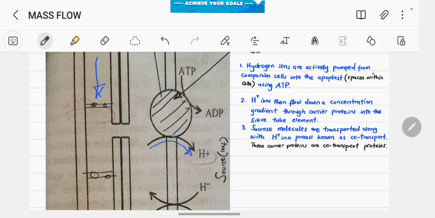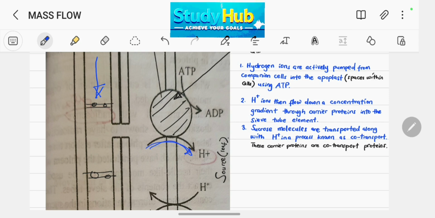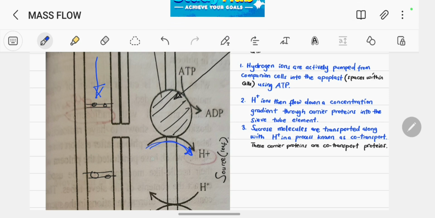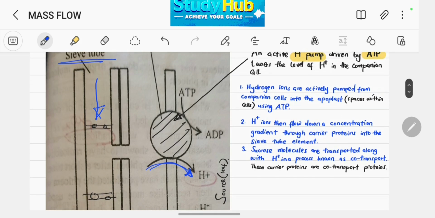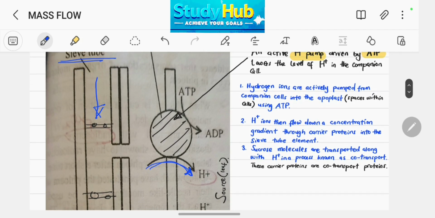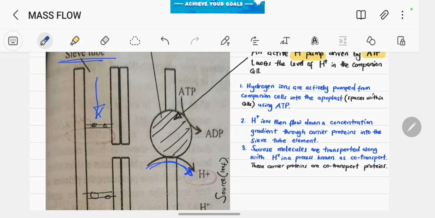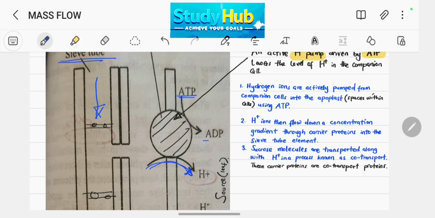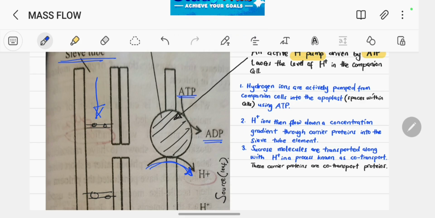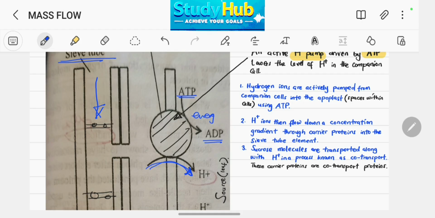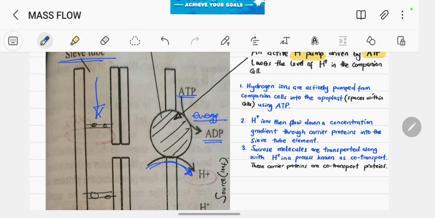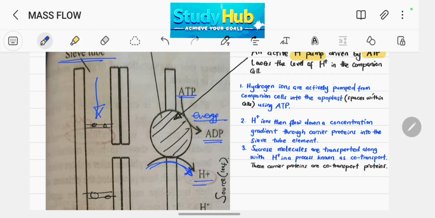As the hydrogen pump actively pumps hydrogen ions from the companion cells to the outside, ATP has to be broken down to ADP, and we harvest that energy. So that's the energy that we are going to use during this movement of hydrogen ions.